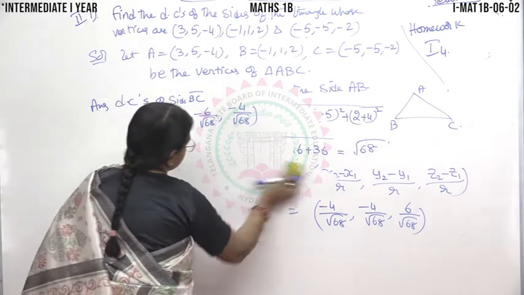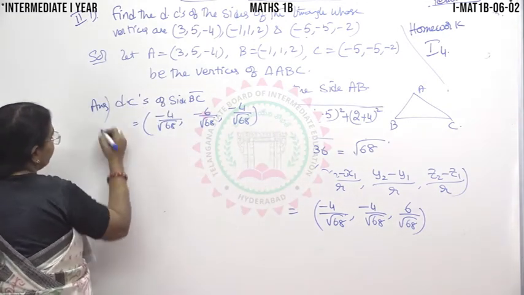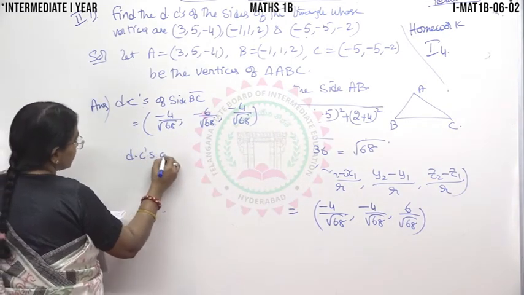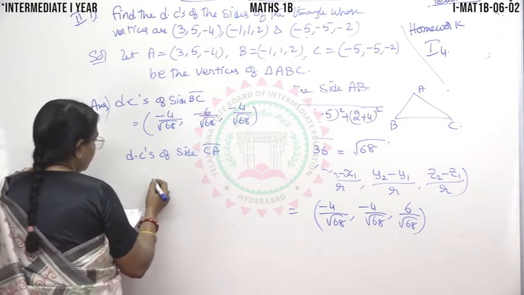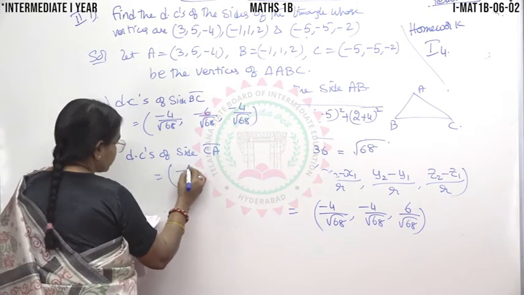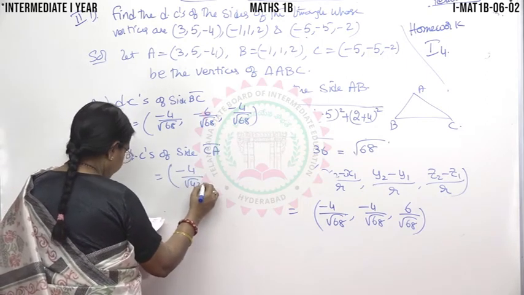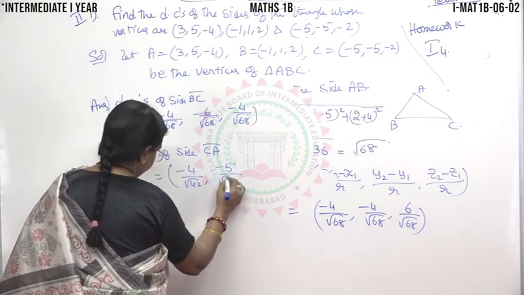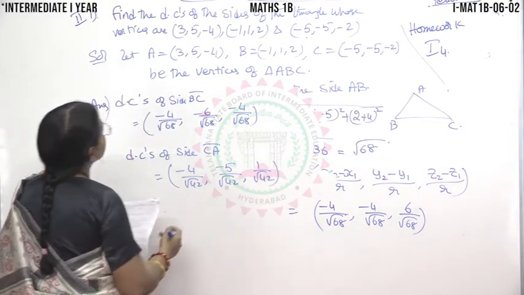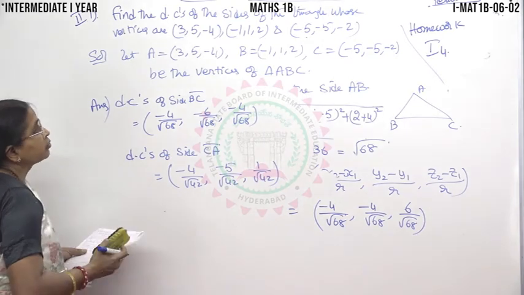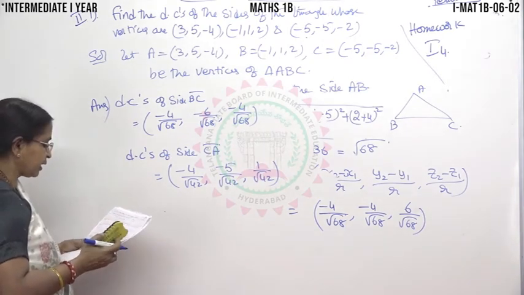And then next is direction cosines of side CA or AC. One set you write. Okay, minus 4 by root 42, minus 5 by root 42, and then 1 by root 42. So like this, you will find the direction cosines of the sides of a triangle.